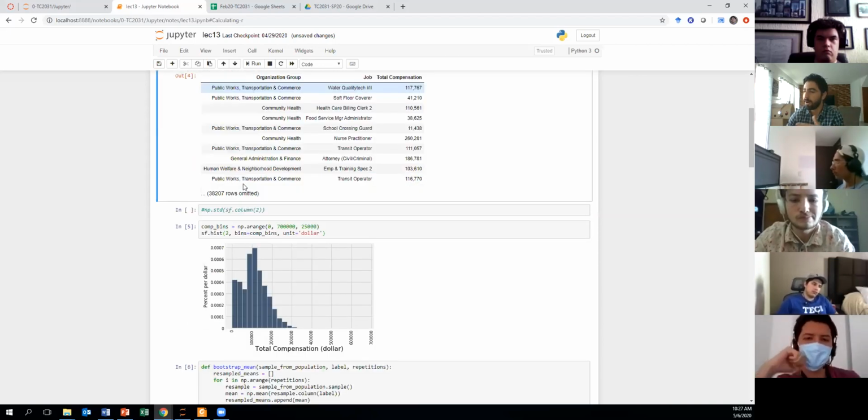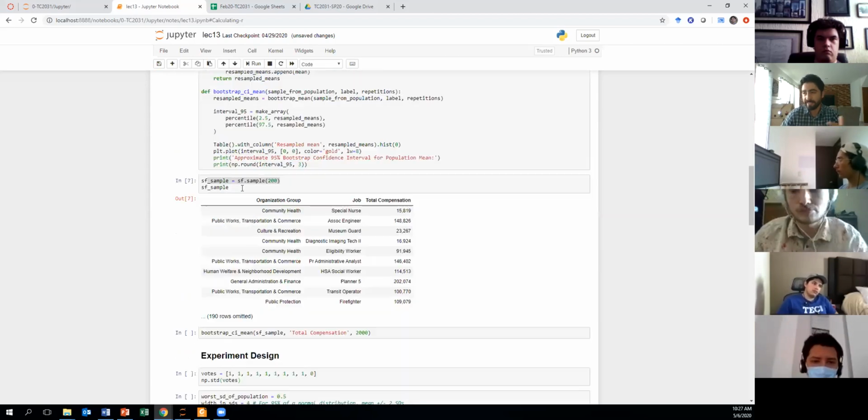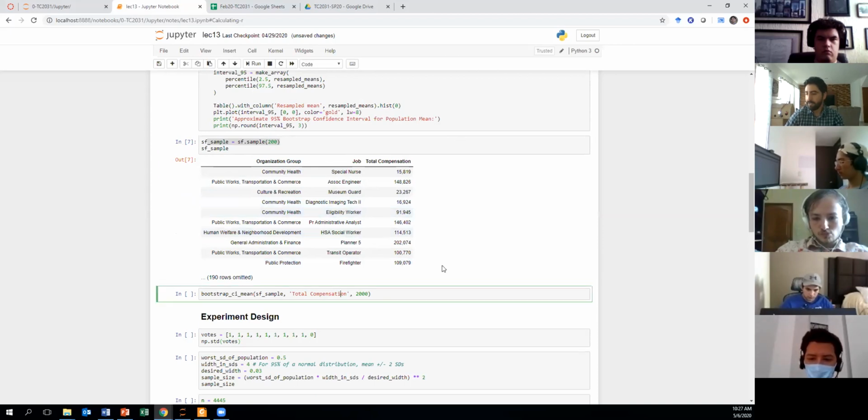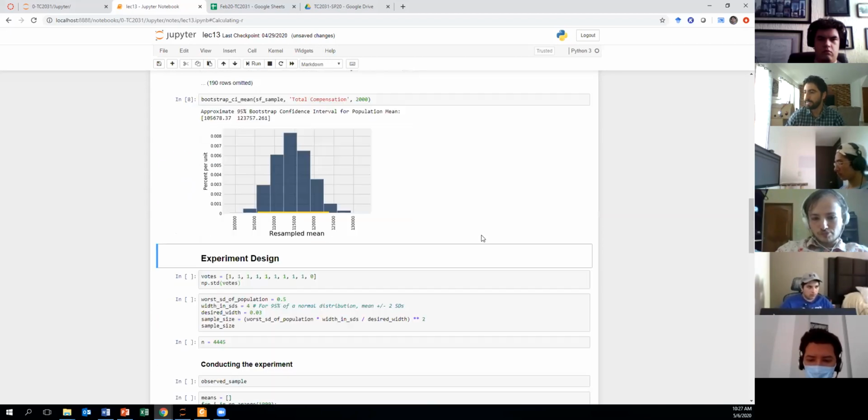I'm going out in San Francisco on this street, I take 200 people randomly, and I ask them their total compensation per year. Then I make this table from those 200 samples. So if I do the bootstrap here, you end up with this.